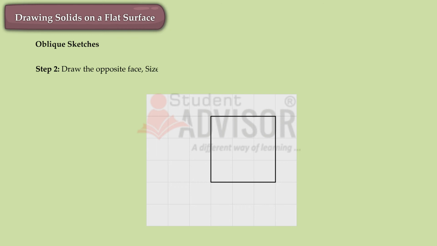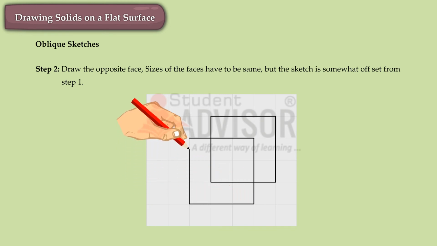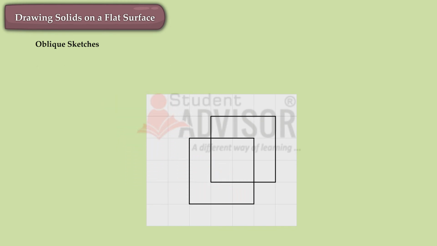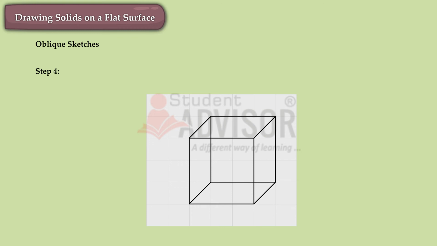Sizes of the faces have to be the same, but the sketch is somewhat different from step 1. Step 3. Join the corresponding corners. Step 4. Redraw using dotted lines for hidden edges. It is a convention. The sketch is ready now.